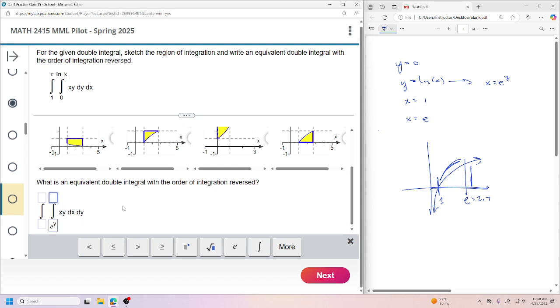And on the right side is e, like to the 1, I guess. And then now I'm doing top and bottom. Bottom, 0. Top. Where does it go to right here? What's ln of e? 1 again, yeah.